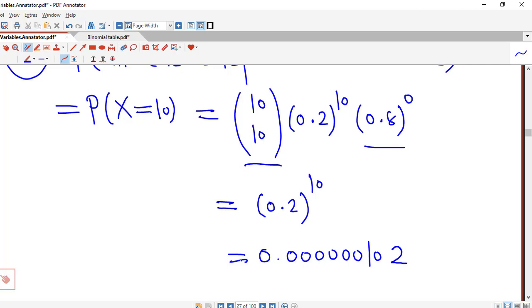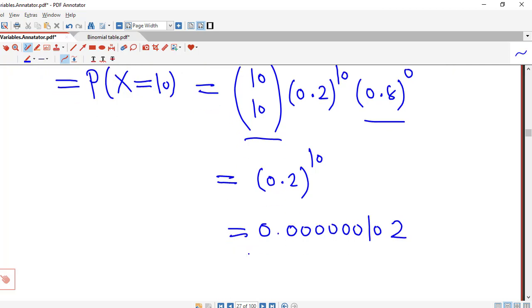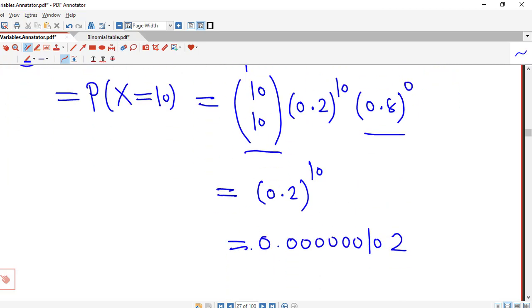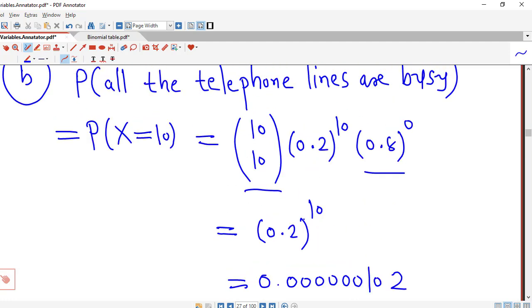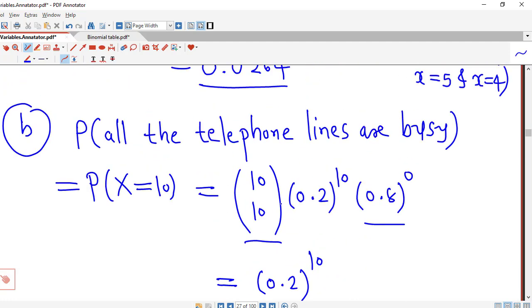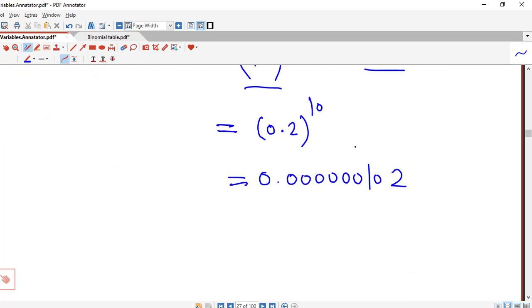You will obtain this answer. So this is the probability that all the telephone lines are busy. If you round up to 6 decimal places, then also you will get 0 as the answer. So it is a very small probability. The probability that all the telephone lines are busy is very small, that is, we can see it is tending to 0.